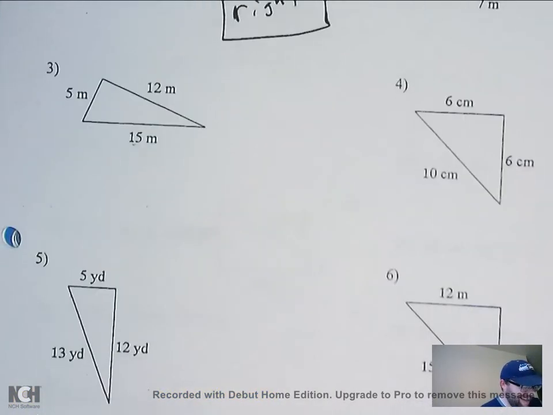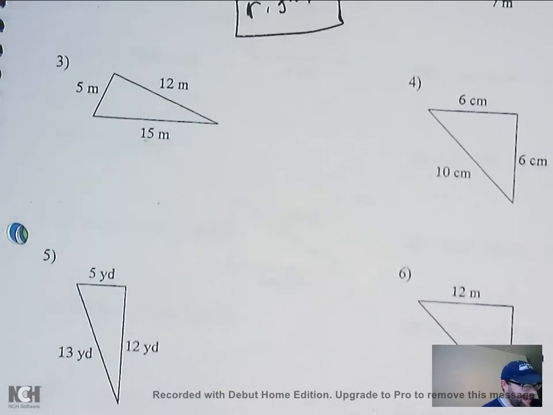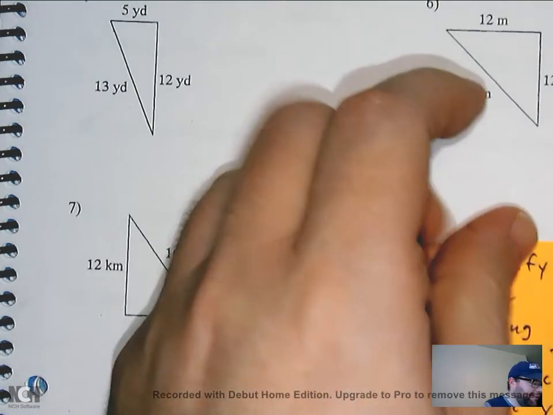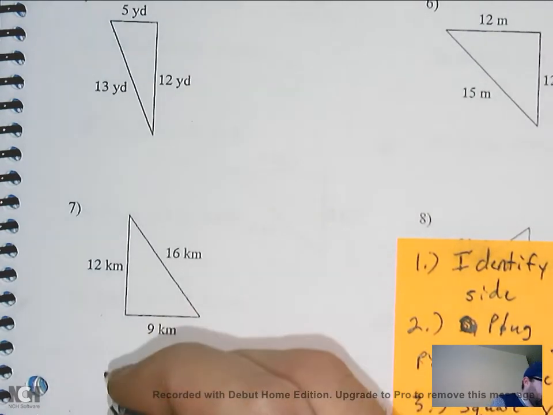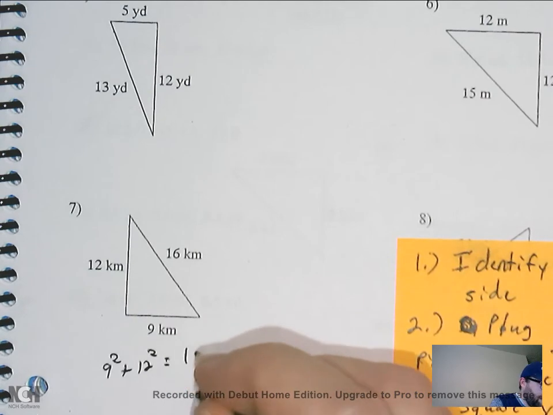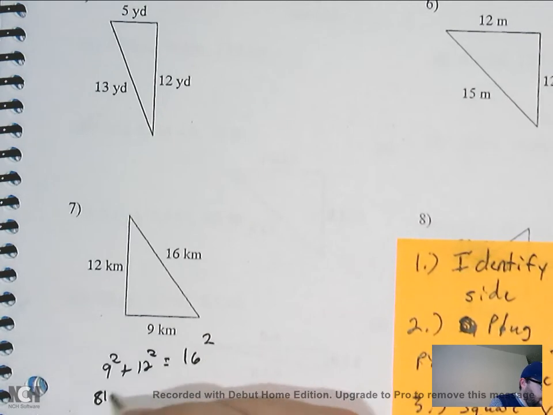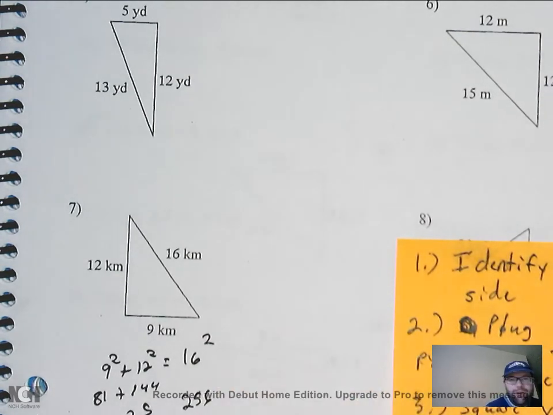Okay. Let's look at another one. Let's look at number 7. So number 7 is 9, 12, and 16. Well, I already did 9 and 12, so 9 squared plus 12 squared I know is going to equal 225. So 9 squared is 81, 144 from the other is 225. 16 squared is 256.